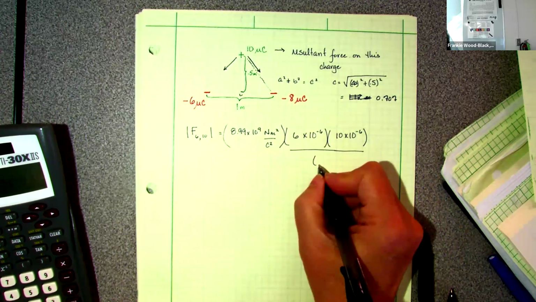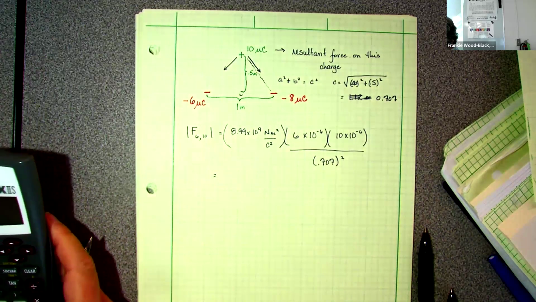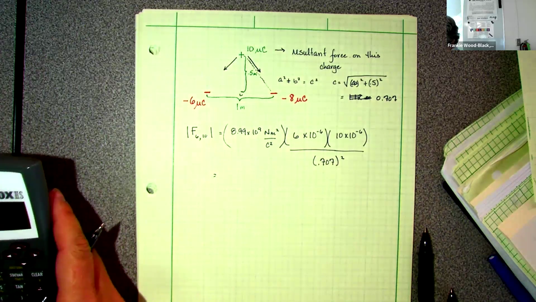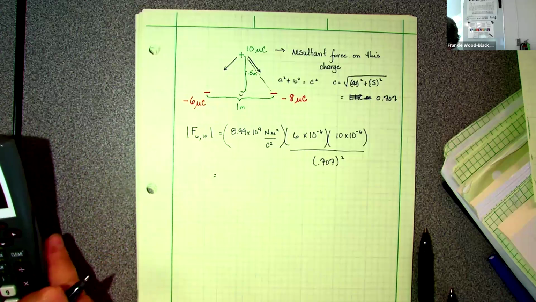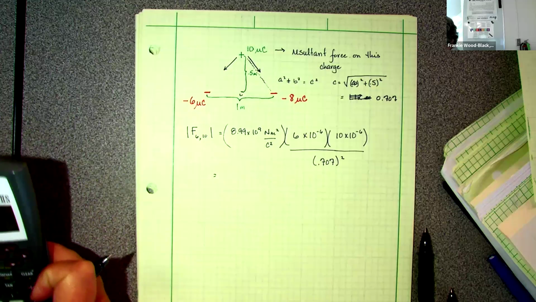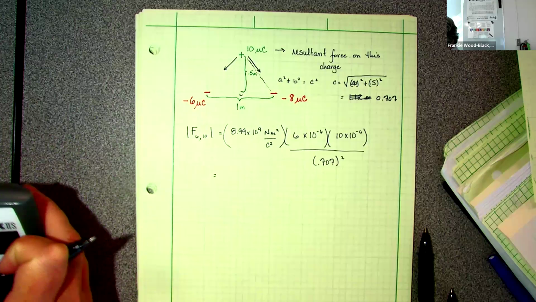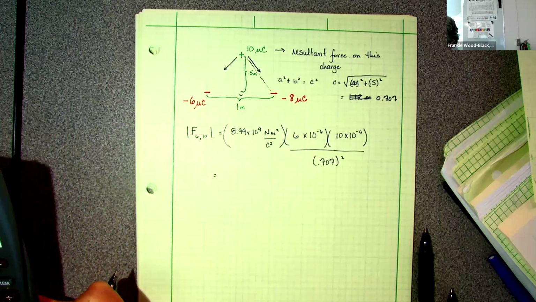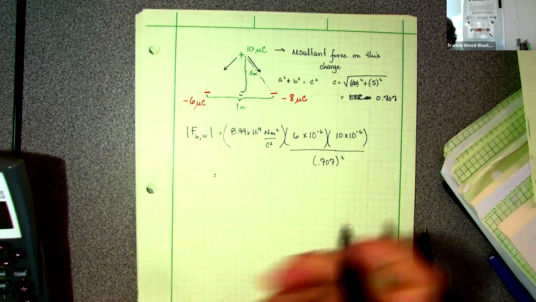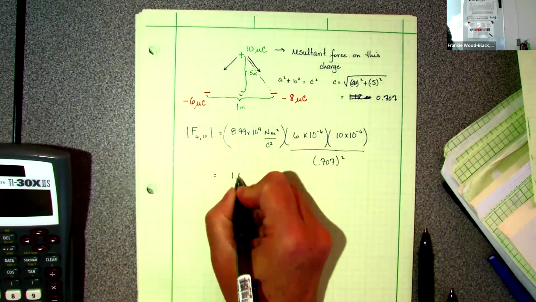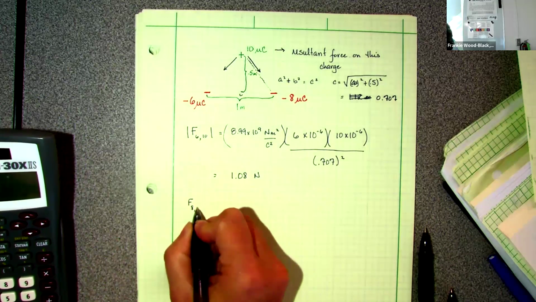And then it's going to be divided by 0.707 squared. This gives me 1.08 newtons. I'm going to do the same thing for my 8 and my 10.